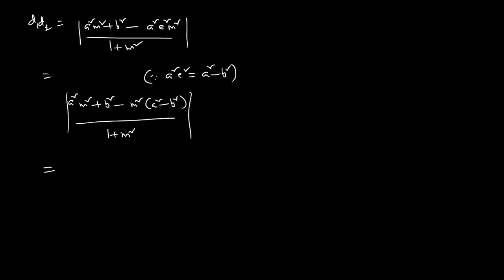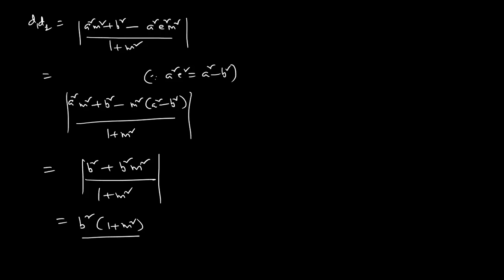Now simplify. b square plus b square m square is coming. What is the answer? Take b square outside. Hence proved.